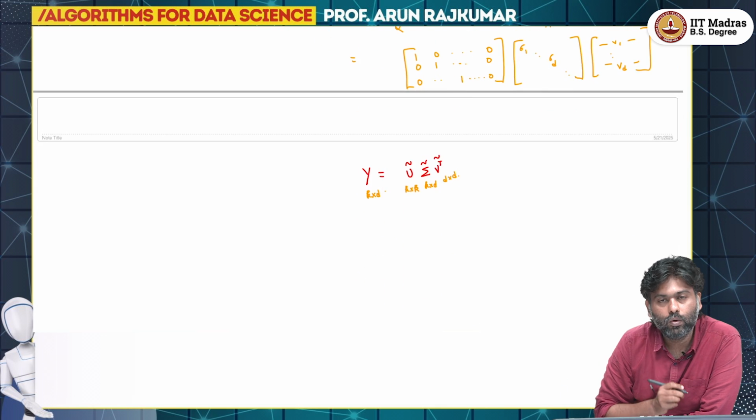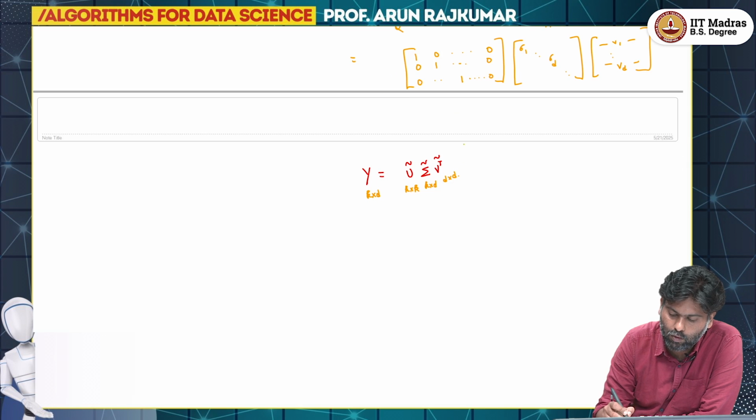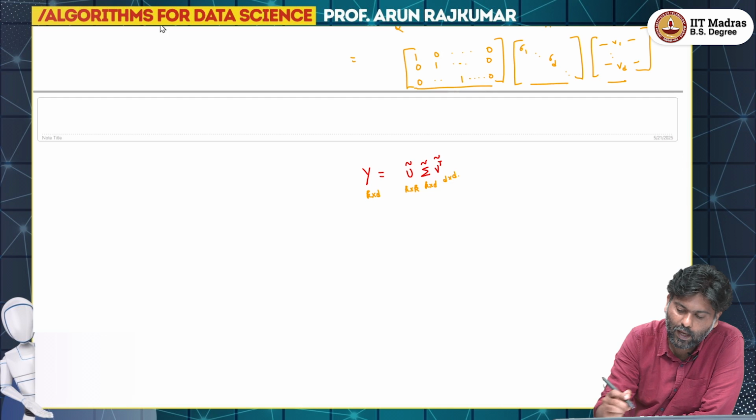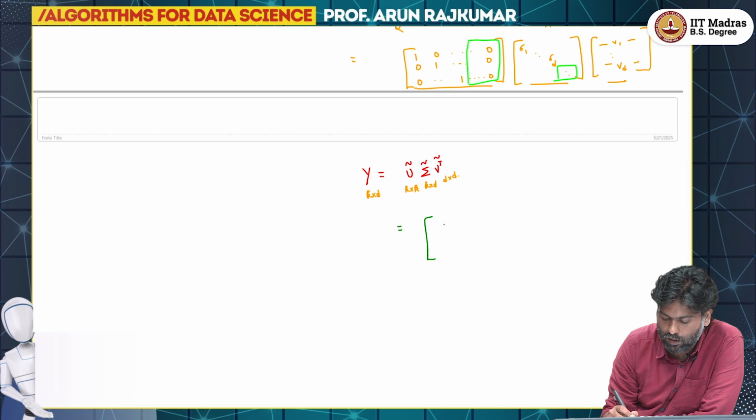Now, what are those U tilde, sigma tilde, and V tilde? Well, I know that they have to multiply to this, and this has these extra zeros that I do not really use at all. Which means that this U tilde would just be the identity matrix.